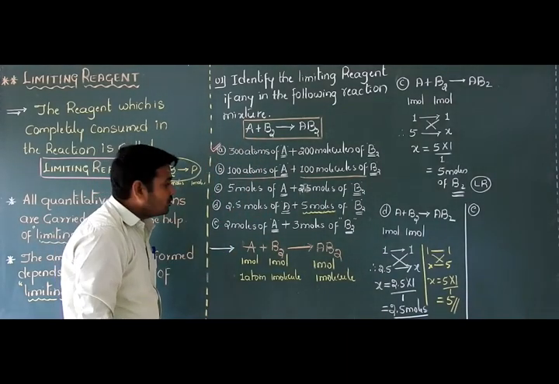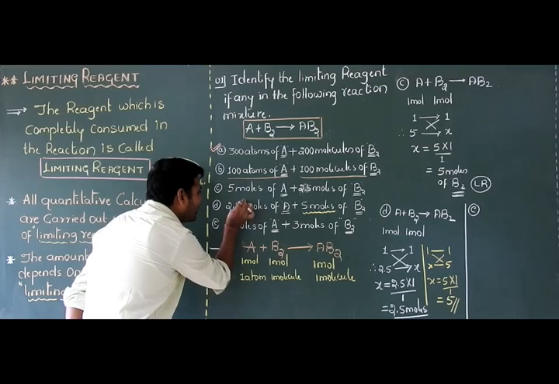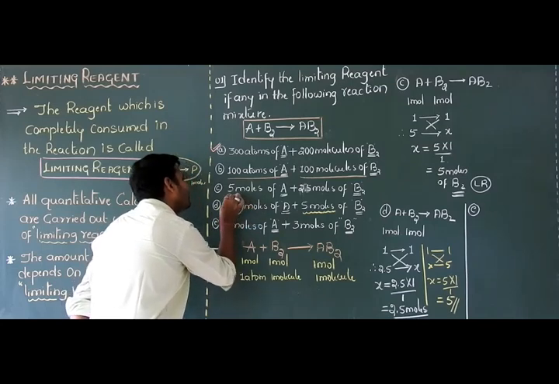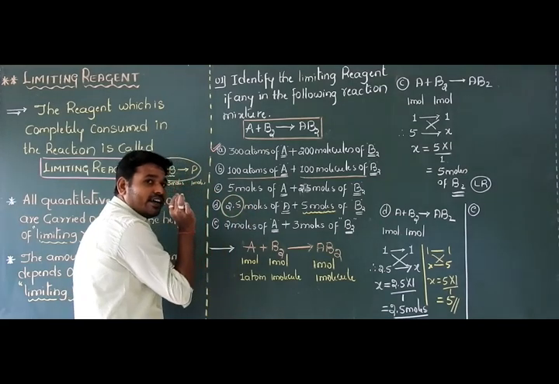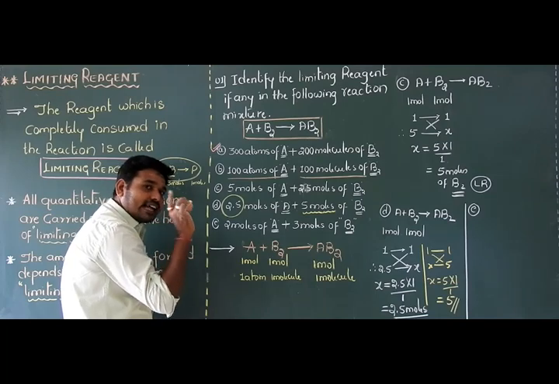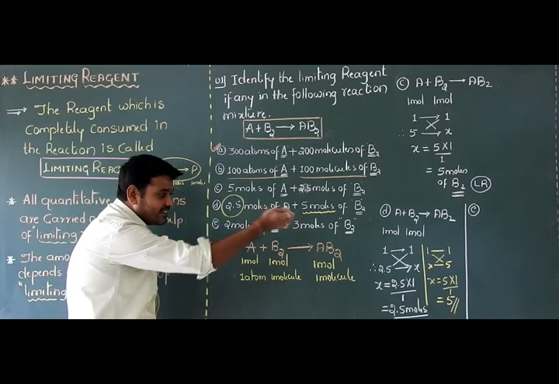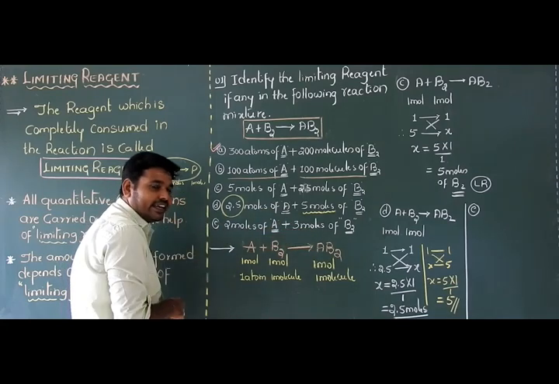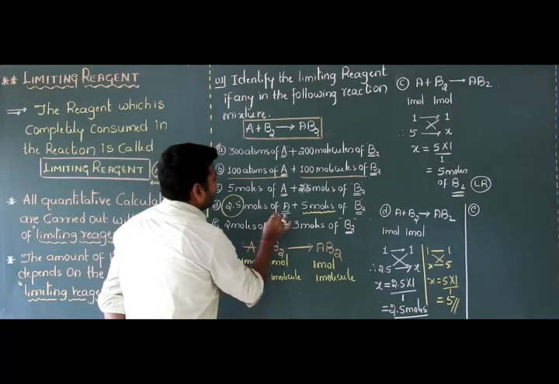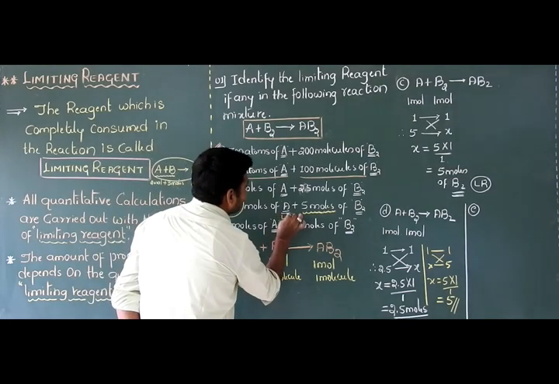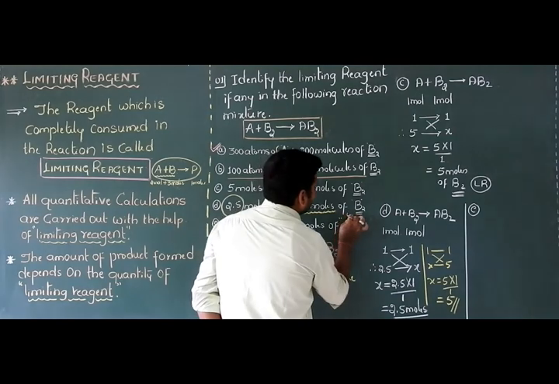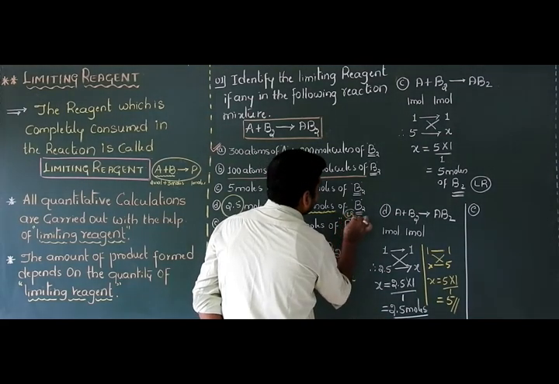A needs 5 moles, but how much is available here? Just 2.5. The required quantity is more than the available quantity, hence this one is called the limiting reagent. So in this fourth problem, A is the limiting reagent and B is the excess reagent.